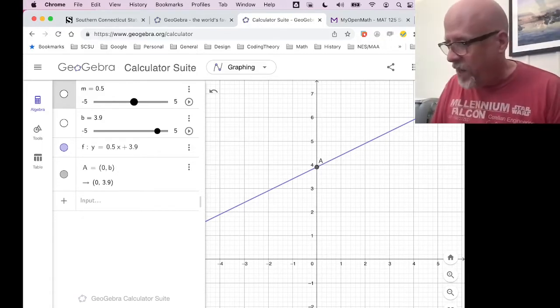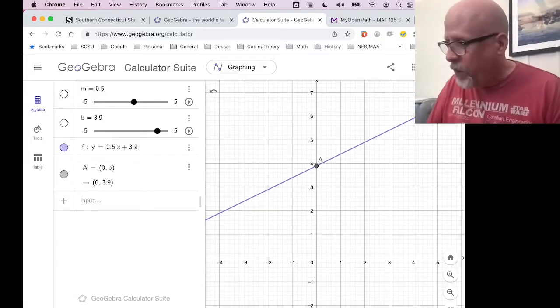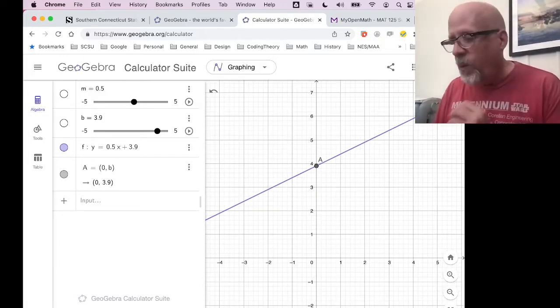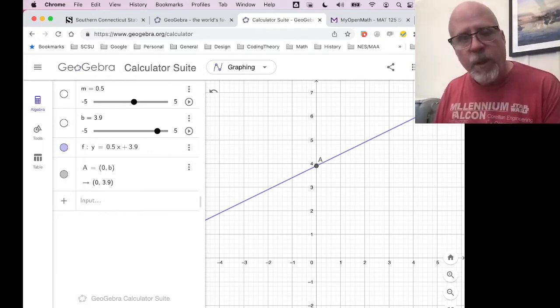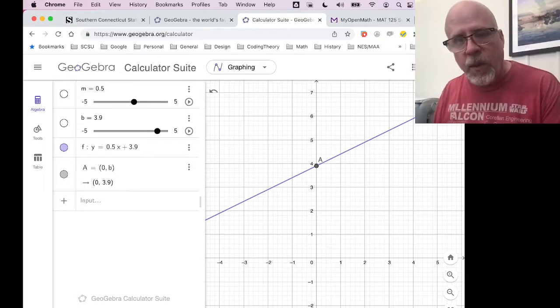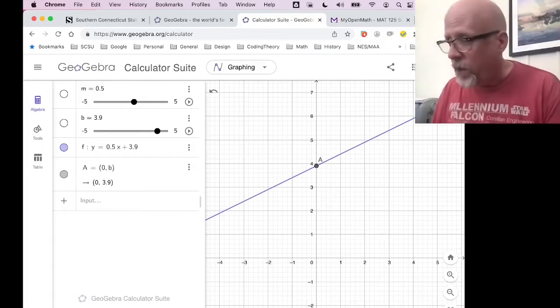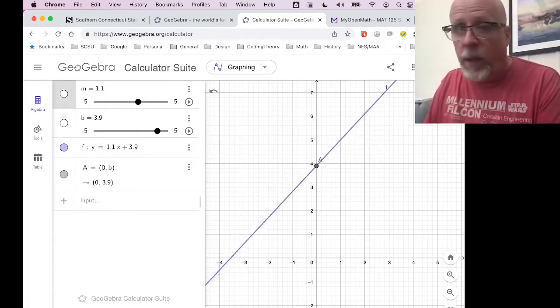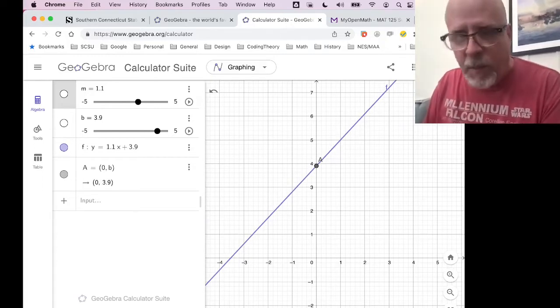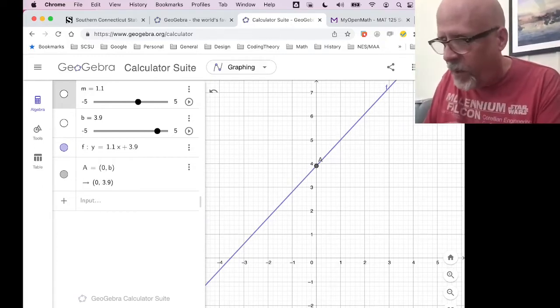That is, as time goes forward, tomorrow it's going to be a few dollars more, and then a few dollars more. And so the two pieces of information we're getting from b and from m are where we are at the beginning, at the starting time, and how we're changing. In this case, we're changing in a positive sense. If m there was a bigger number, it'd be even more exciting if it were my profits in my business or something like that. I'd be really happy.